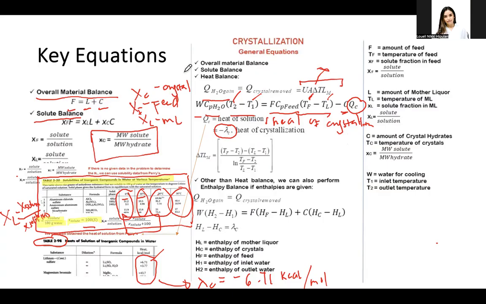So if you want to calculate the surface area of your crystallizer, you can determine it here, because your heat gain is equal to the heat loss, which is equal to UA delta TLM.